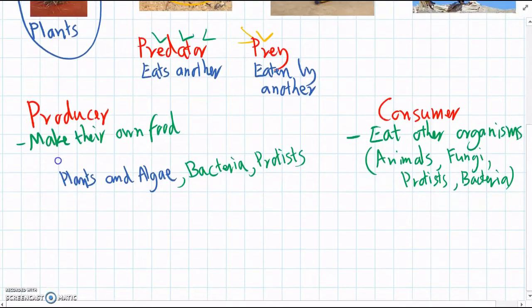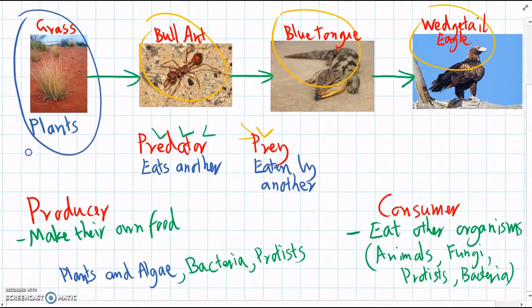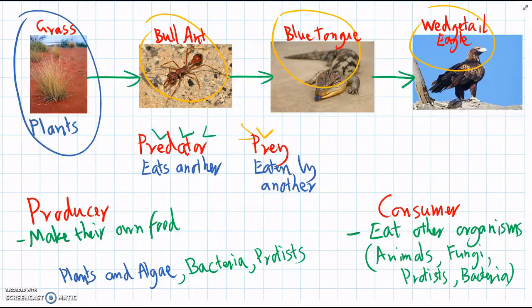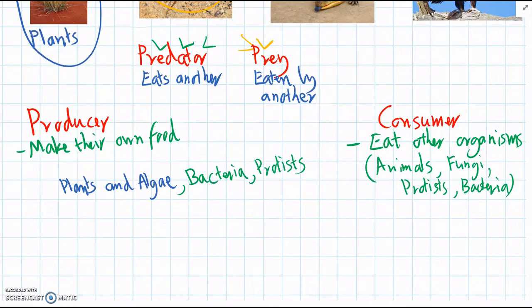Finally, there are different ways that we can name each step in our food chain. So we had our producer, which is our plant. The next organism along in the food chain is our first consumer, and we can call that the first order consumer.